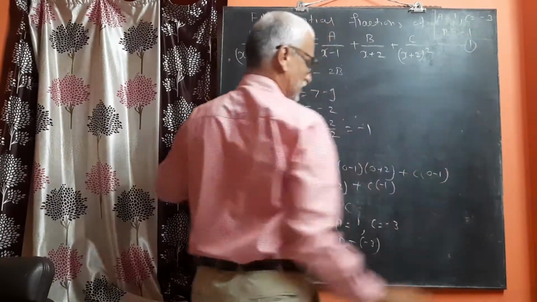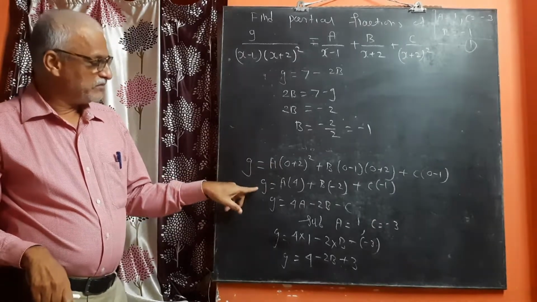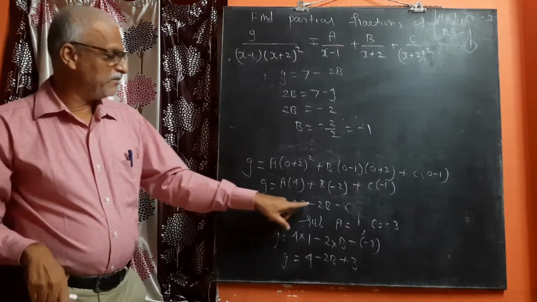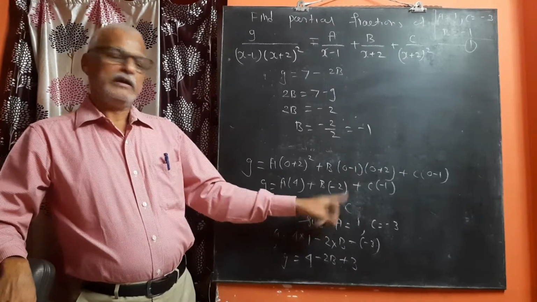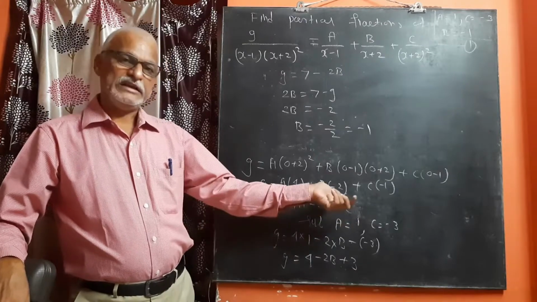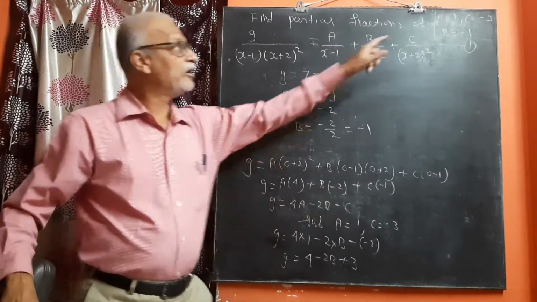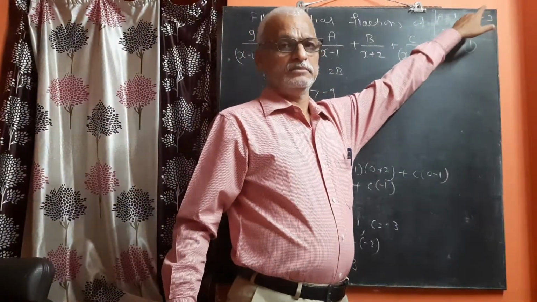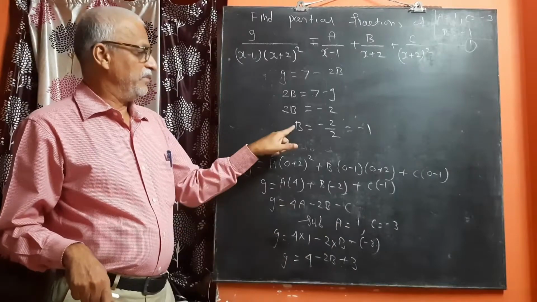I repeat again. By substituting x equals 0, you get the equation 9 is equal to 4a minus 2b minus c. Now there are three constants a, b, c, but out of these, we have already got a and c. So substituting those values of a and c here, we get b is equal to -1.